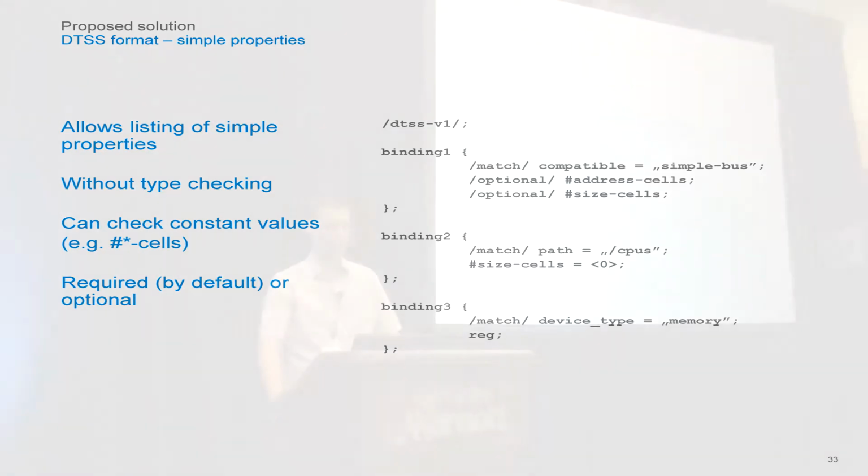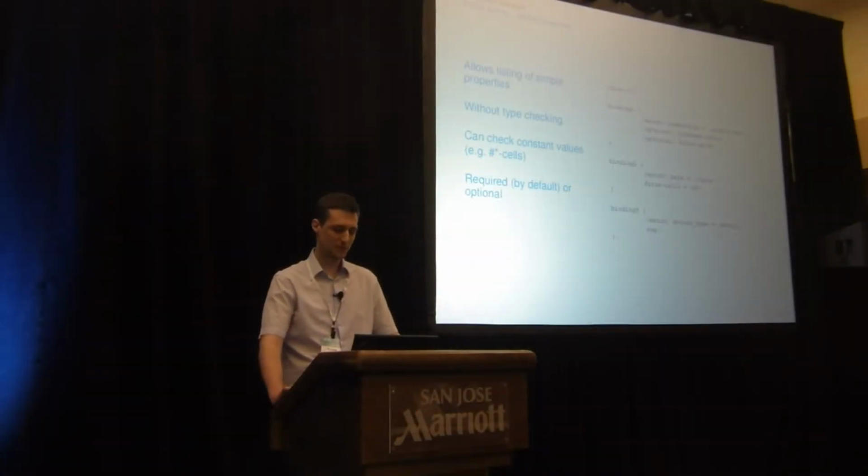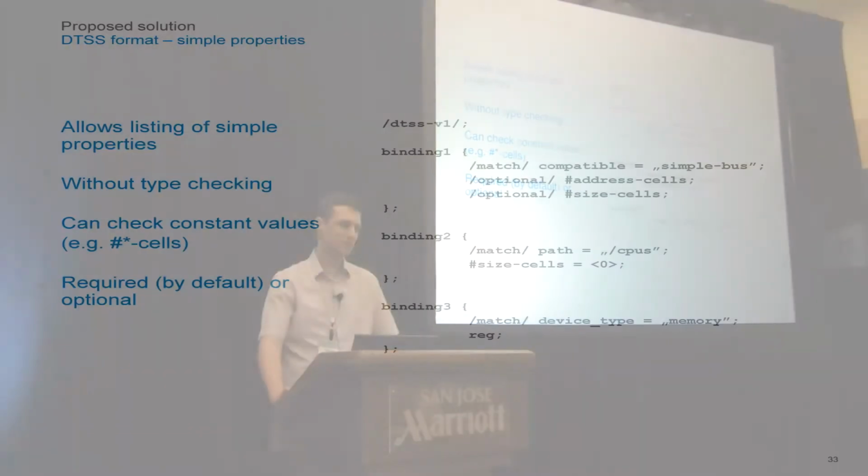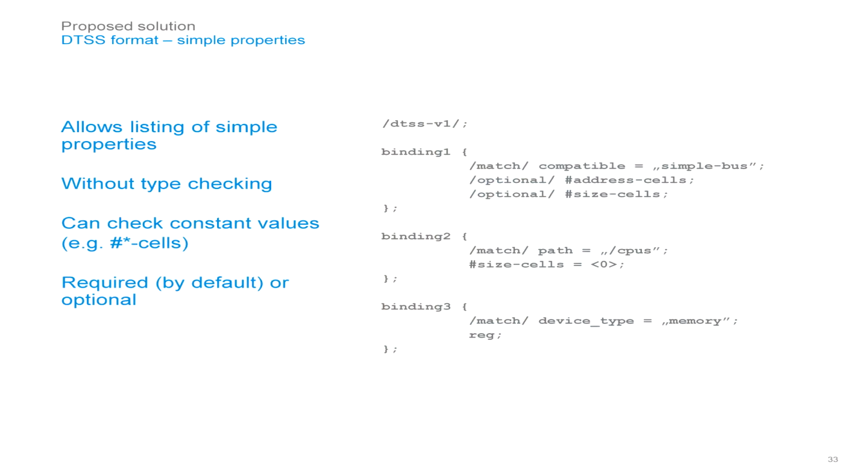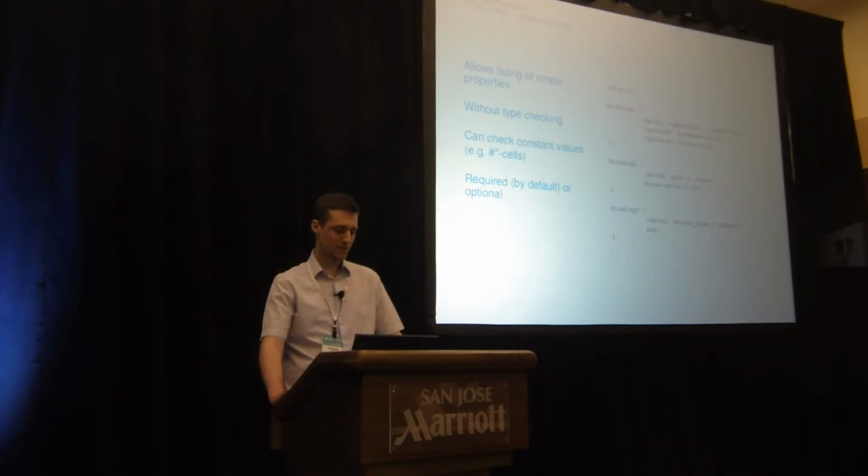Because as you probably saw in the interrupt bindings example, it is quite hard to specify the contents of some properties. But on the to-do list is adding support for simple types such as integers, strings, or arrays that don't depend on other property values. Also, you can check constant values of properties.